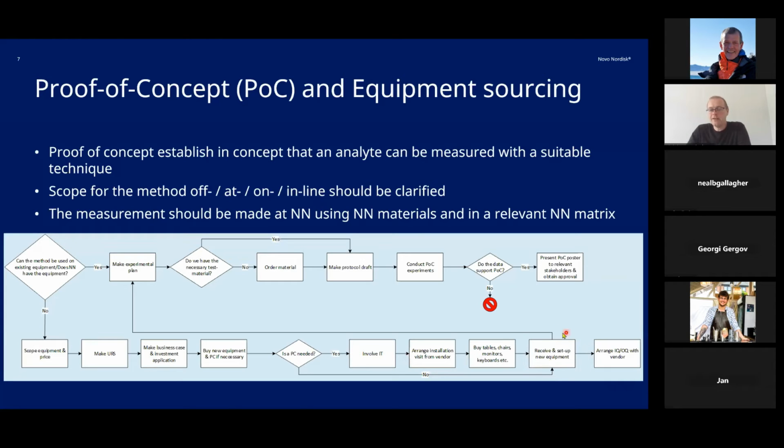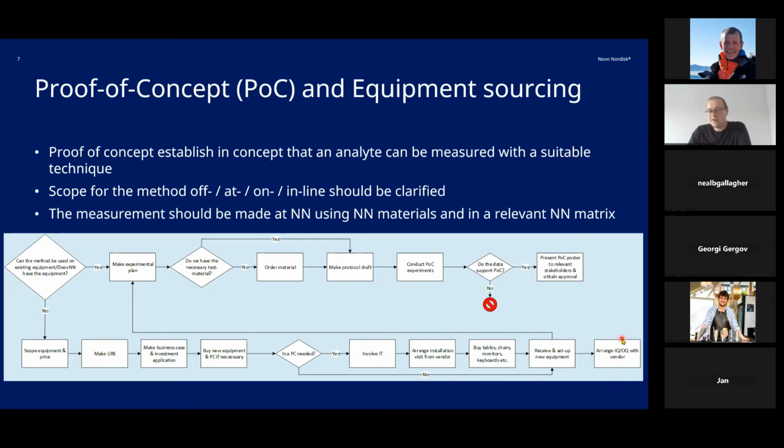And then you basically receive and set up the new equipment, including a computer, and then you arrange what is called IQ, OQ, which is installation qualification and operational qualification. And that's an agreement with the vendor of the instrument that they deliver what we think we are buying.